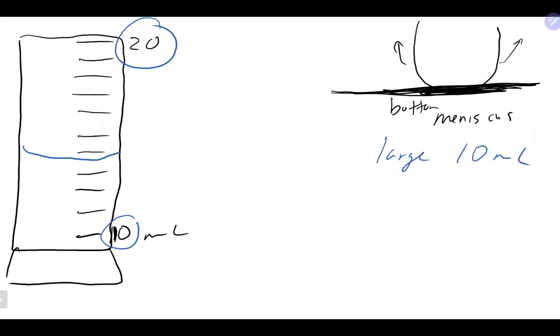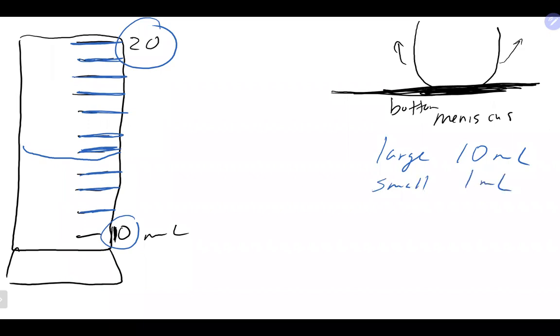When I count the lines between those 2, starting here, that is 1, 2, 3, 4, 5, 6, 7, 8, 9, and 10 markings. So I have 10 smaller markings between the big guys. That means each of the small ones is how much? Yeah, 10 divided by 10 is 1 milliliter, each of the smallest markings.